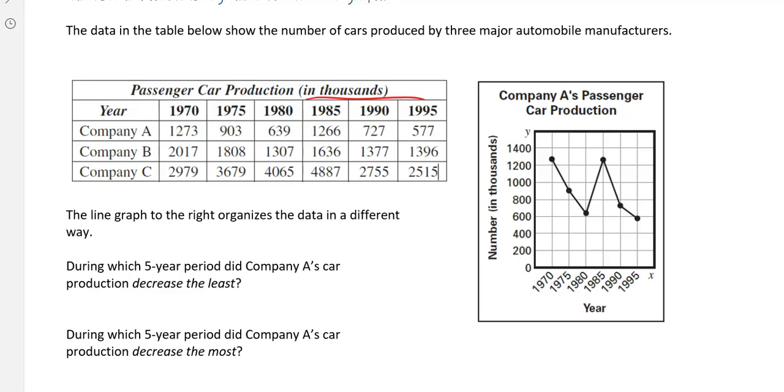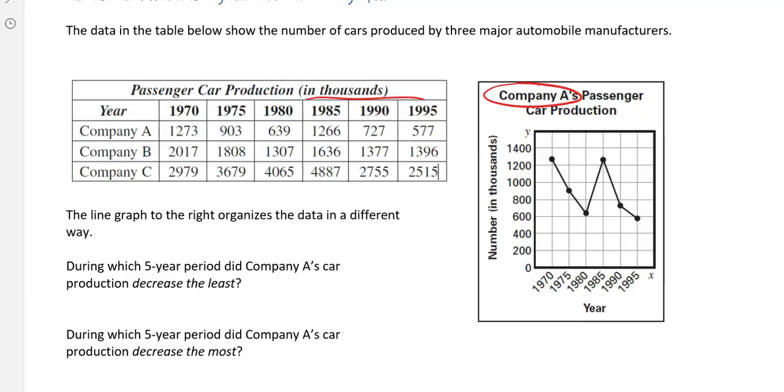Now, as you can see with Company A, let's take a look at Company A's passenger car production. The line graph to the right organizes the data in a different way than the table. So in this one, we're looking strictly at Company A. And we have all three companies in our table.